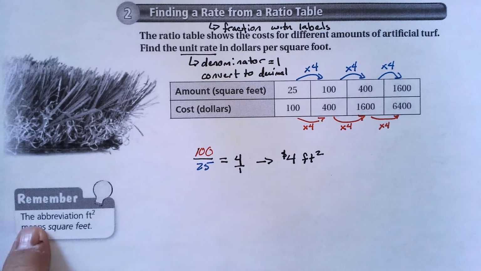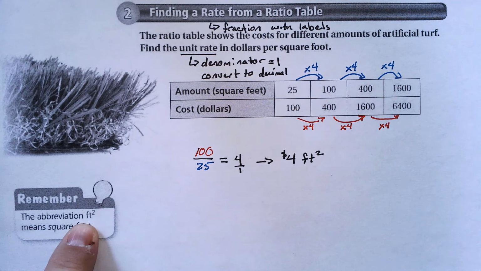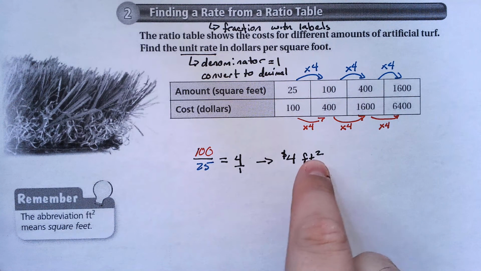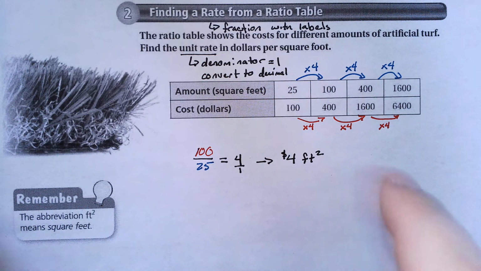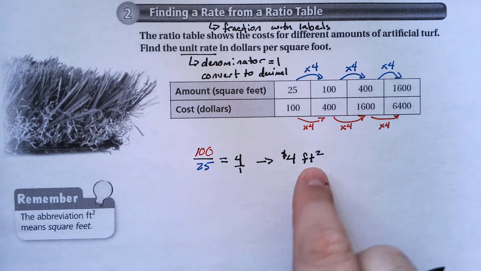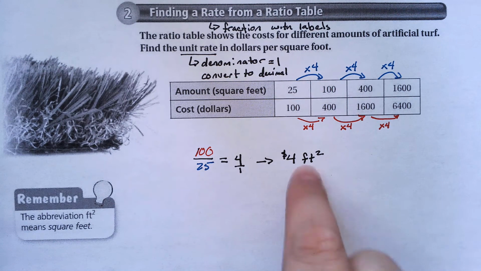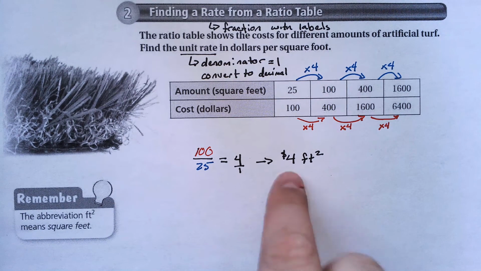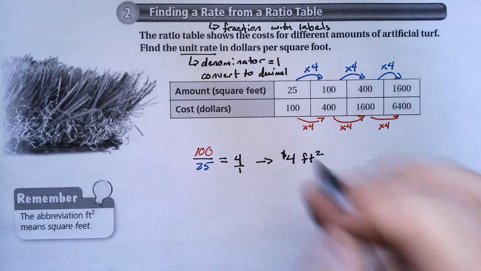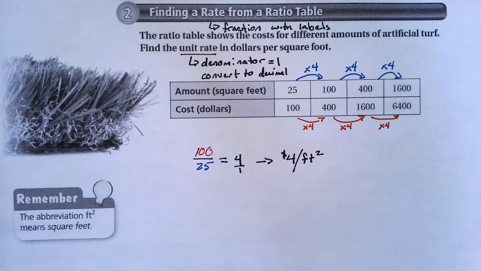Now you have to just remember that the abbreviation for square feet is FT to the second. Okay, that's just something to get used to. We do use it a lot in math and computation and science classes, things like that. So just get used to it if you aren't yet. And this is actually my answer. This is saying $4 per square foot.